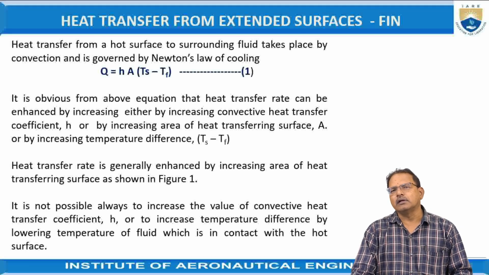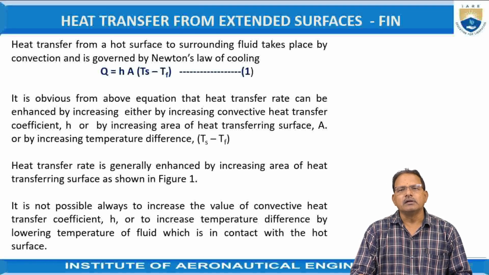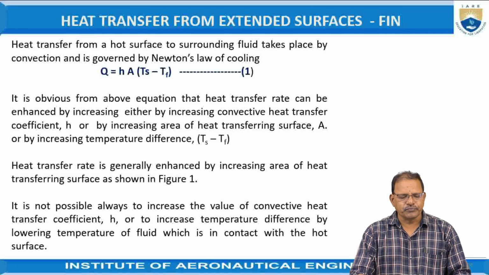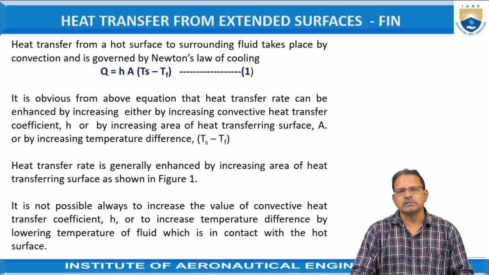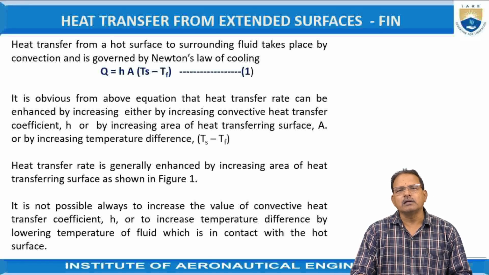H, the coefficient of heat transfer by convection, also remains constant for a particular medium, so this value is also difficult to increase. Only one option is there for increasing the heat flow rate from the fluid to the hot surface: it can be increased by increasing the surface area, that is the A value.